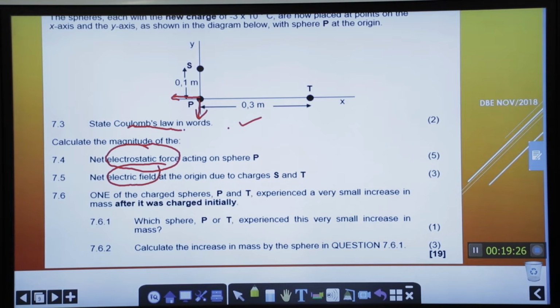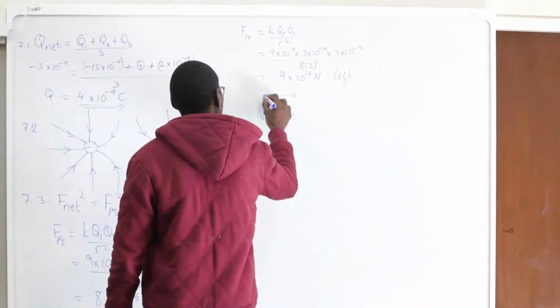So this one is going to work downwards on P, although you might not get extra marks for that in this instance because it's in the process of working out. However, it helps us come up with a force diagram that helps us to calculate the resultant.